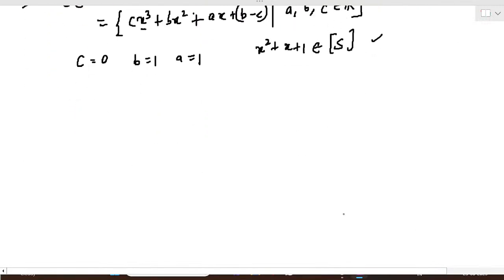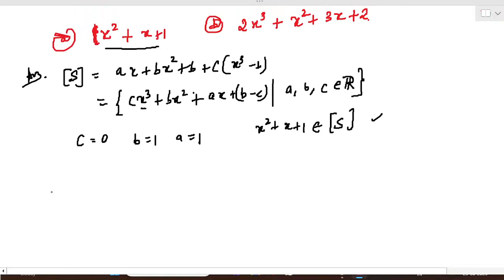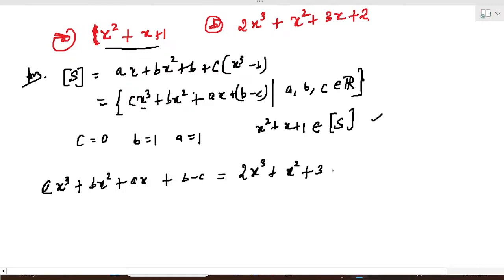Whether the second term belongs to this or not, for that I'll have to see. Just give me a minute. For the second one, I'll write c x cube plus b x square plus a x plus b minus c should be equal to 2x cube plus x square plus 3x plus 2.